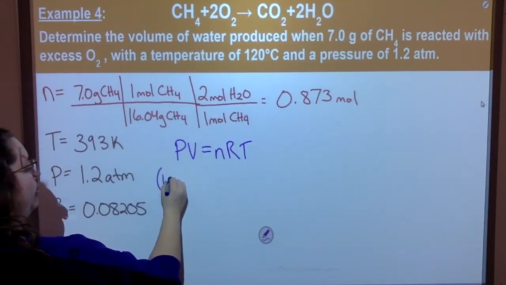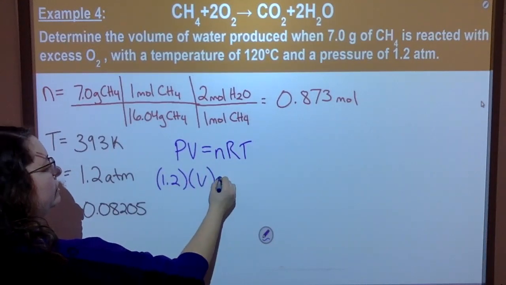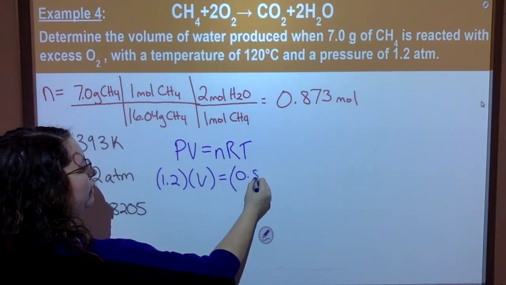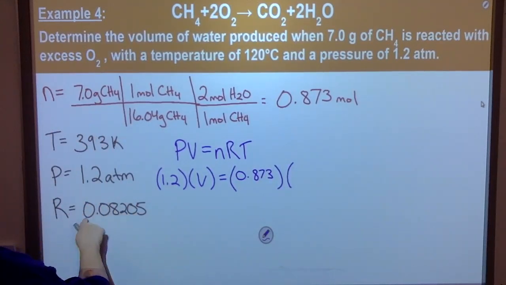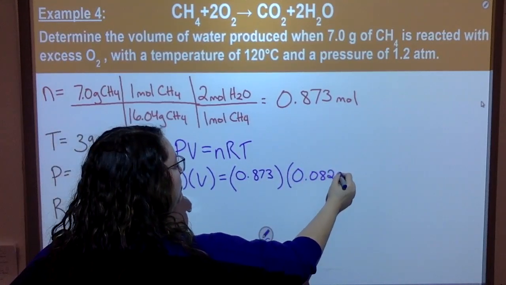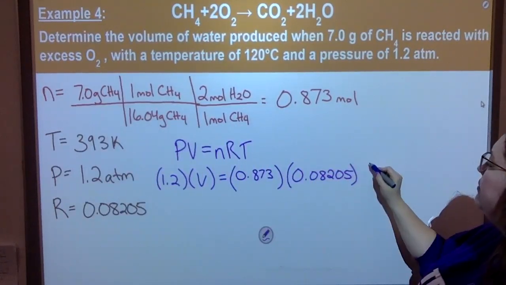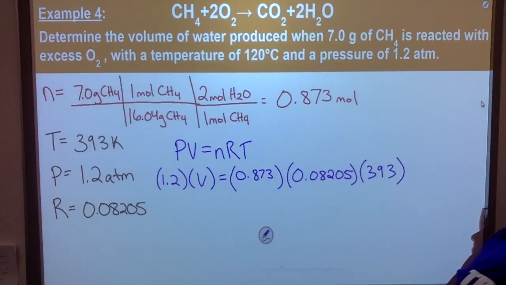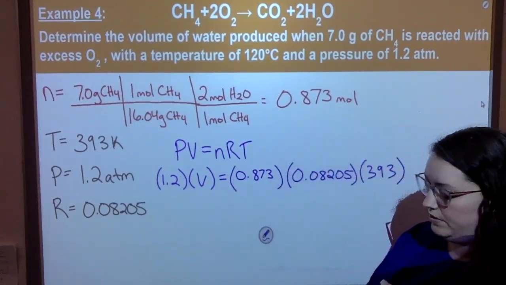Pressure is going to be 1.2, times volume, which we don't know, is equal to n, which we calculated is 0.873, times R, which is this value, 0.08205, times your temperature of 393. Okay, so now we need to isolate V. So we are going to do a little math.